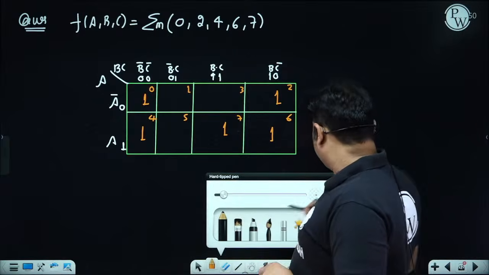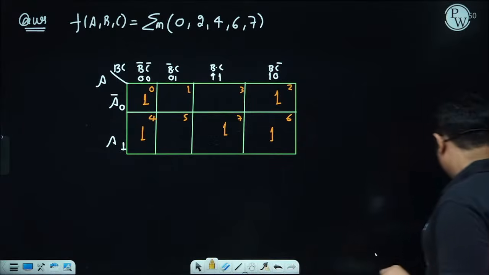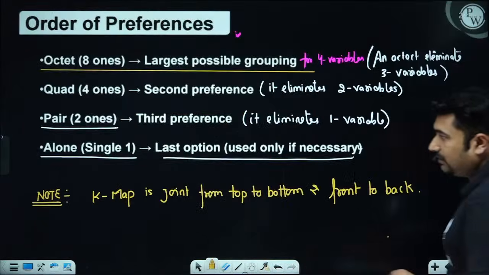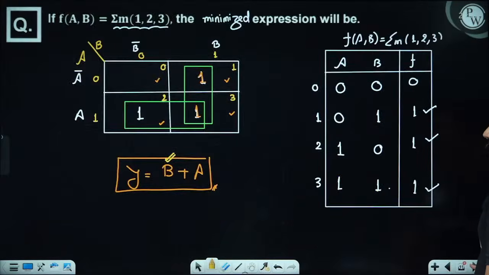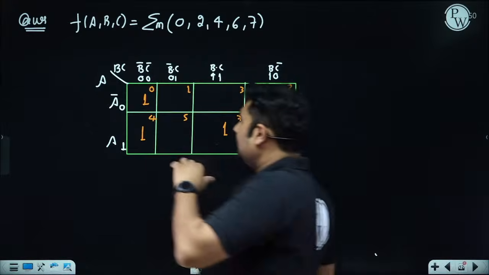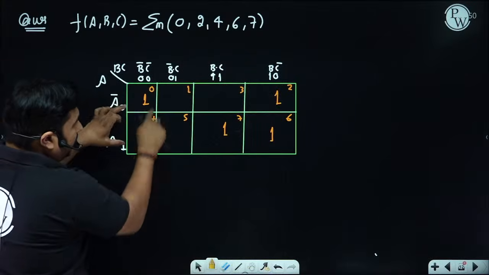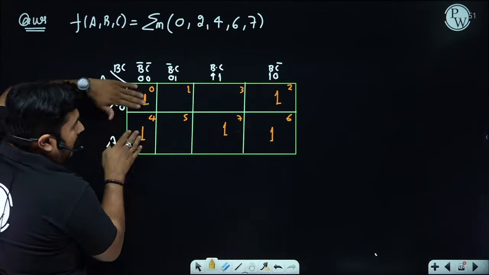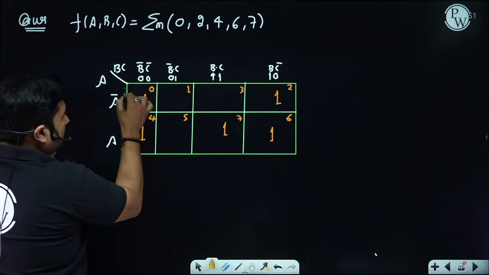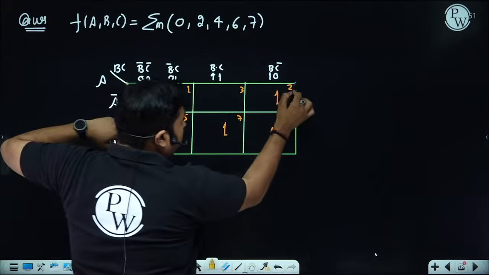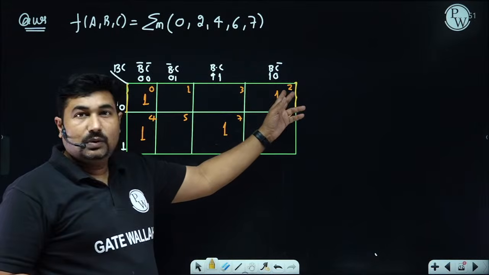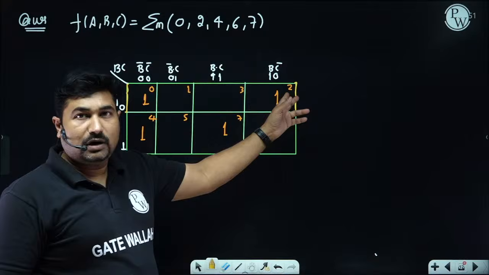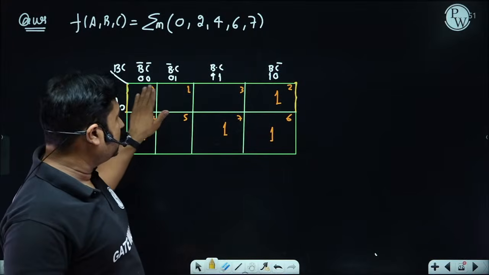Now please observe the line that K-map is joined from top to bottom and front to back. What does it mean? Actually, these two will differ by only 1 bit, top to bottom, and these boundaries are also shared. It means the gray code, actually it is in gray code 0, 1, 3, 2.